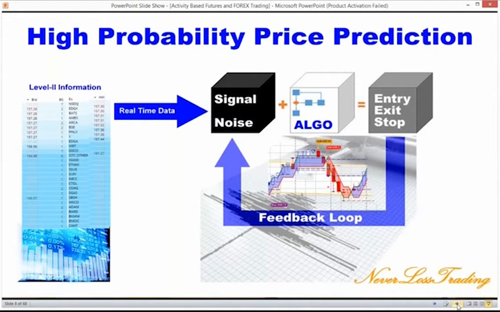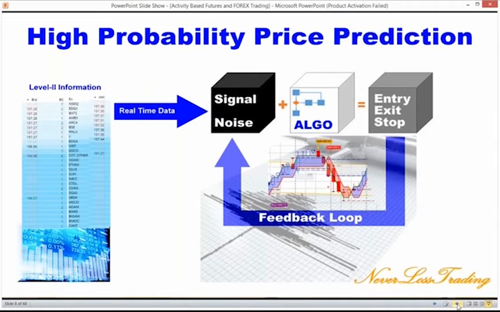We don't know 100%, but it has a high predictability to come to a certain price move to a certain target. The algo then finds out how far the price move shall reach. That's the exit. The entry is when the signal is detected, and the stop considers the statistical volatility of the price move of the instrument we are looking at, and then we evaluate this.